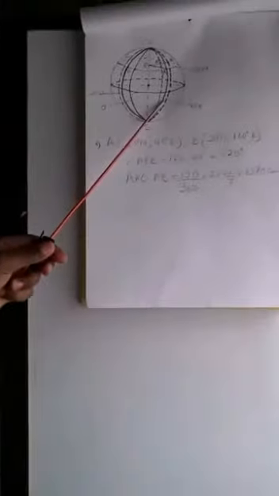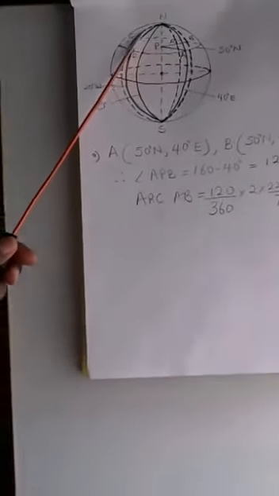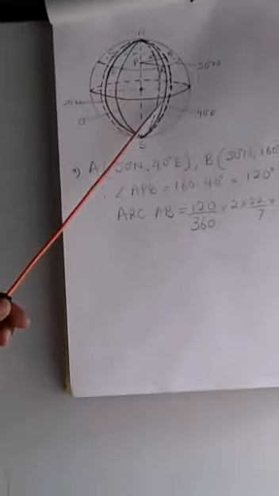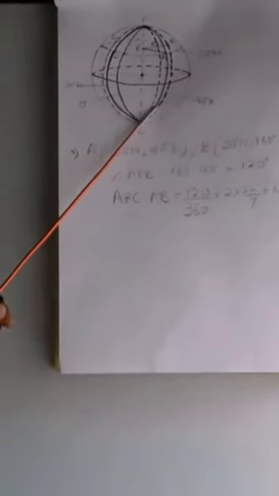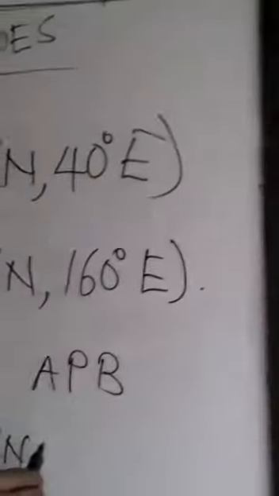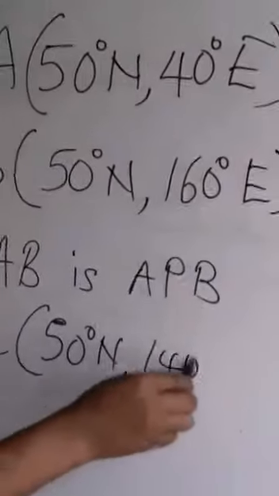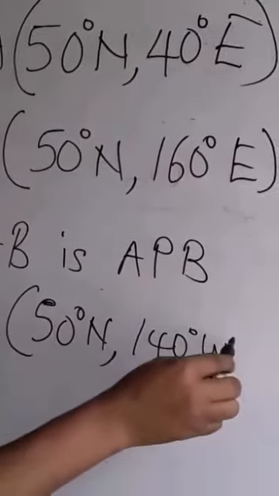If this is 40 degrees east, its continuation on the other side will be the supplementary angle of 40 degrees. So point C lies on this side, it is 40 degrees east. When it continues to the other side, it becomes 140. So C lies on 140 degrees. If this was east, then it lies on the west.